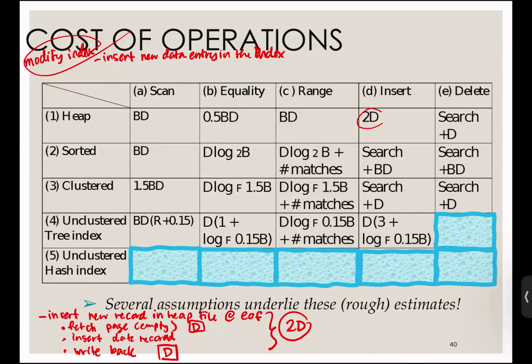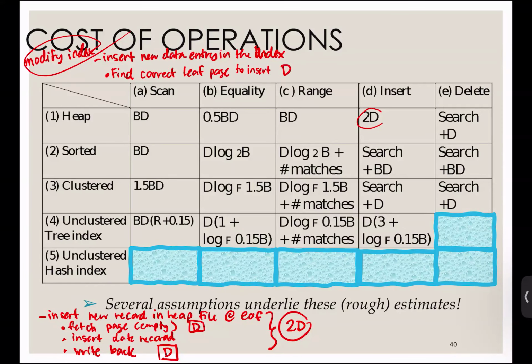But how do I insert that data entry into the index? I have to find the correct leaf page so that I can insert it into the right position. Right. So I need to find the correct leaf page to insert. That would take me the equality search time, right?